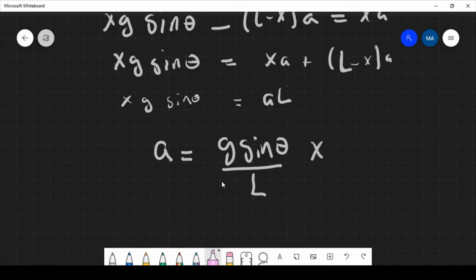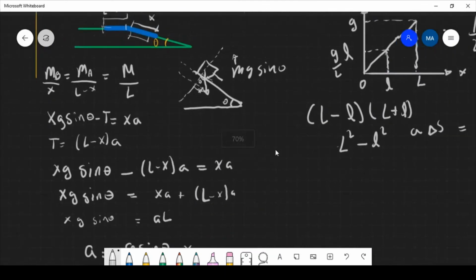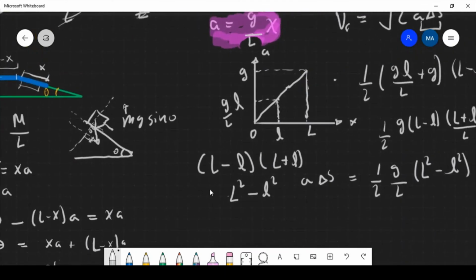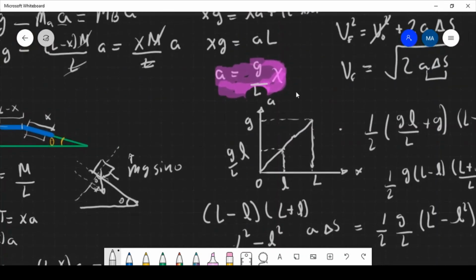Notice this expression over here, we already made it, because the other question that we solved was a smaller version of this one. It was a equals g L x.